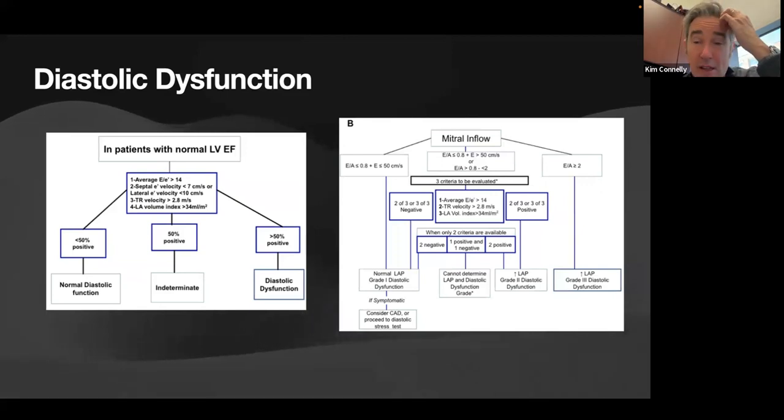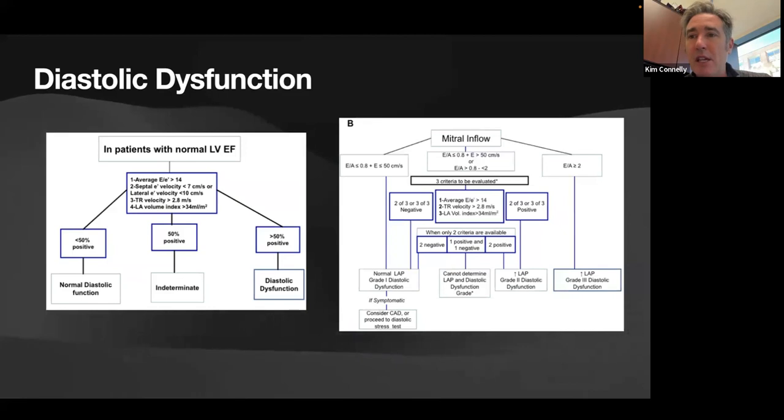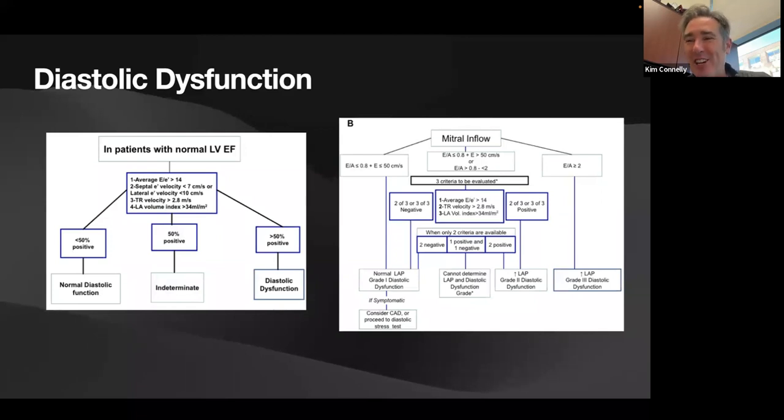So it is important that we report the LA volume, the TR velocity and the average E over E prime, because that might in fact change your diagnosis, along with the symptoms, signs and an elevated BNP. So this is actually important. Don't forget the old diastology.